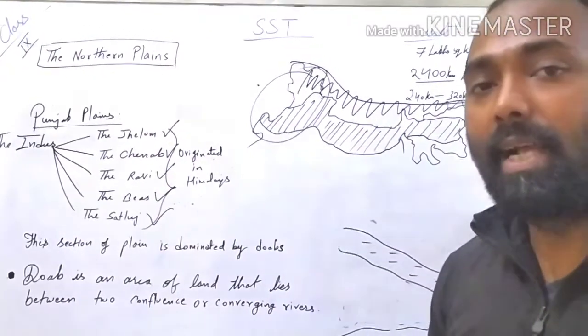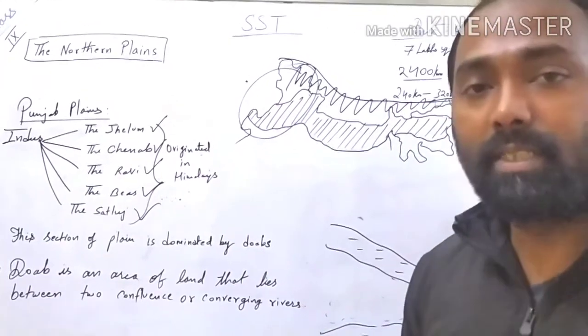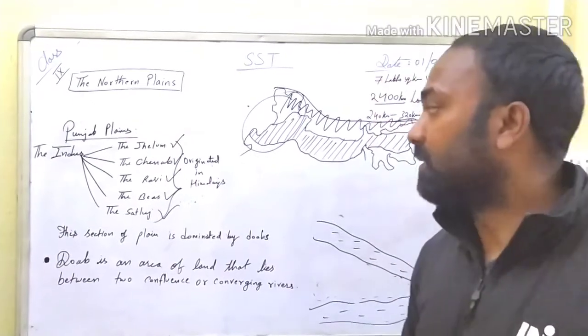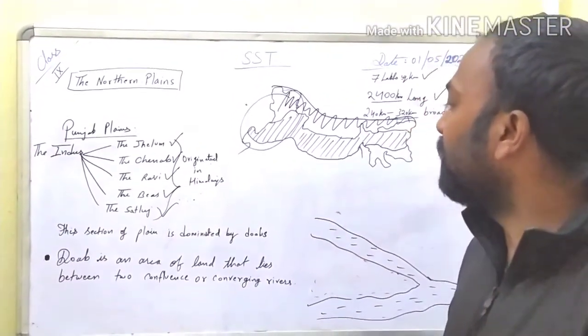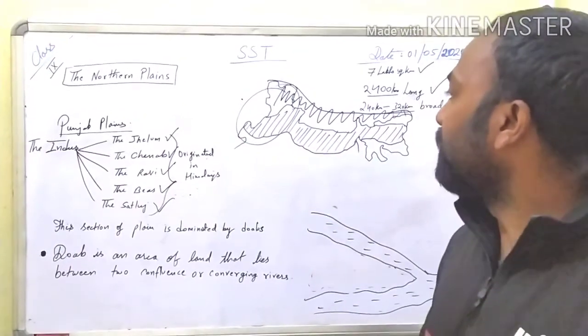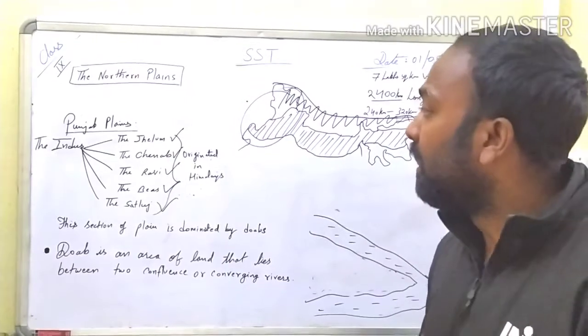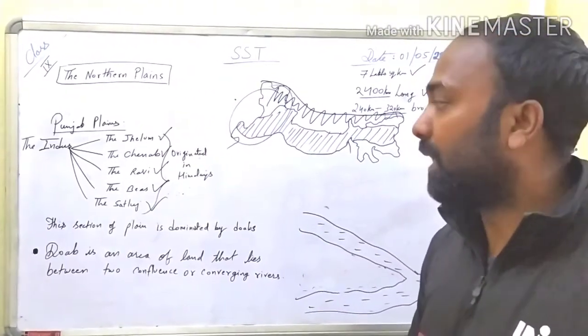From the Himalayas they have drained along the northern plains and watered the surrounding region in the northern plains. So we can say that the section of plain which is drained by the river Indus and its tributaries is called the Punjab plains.